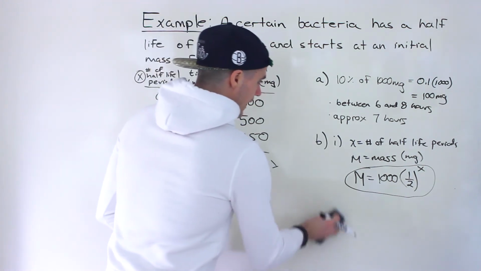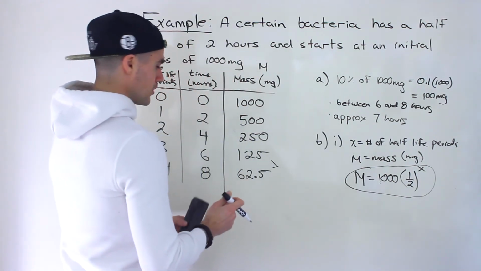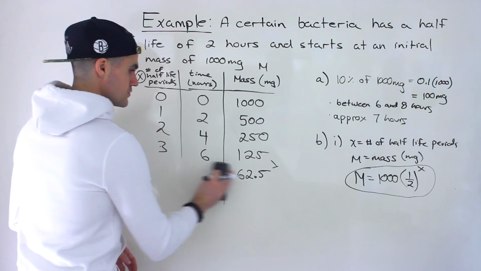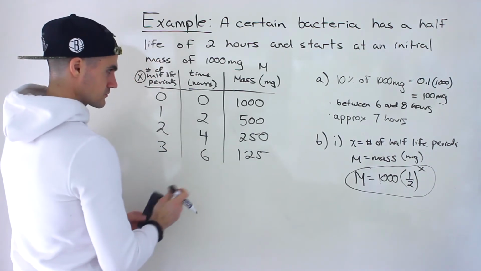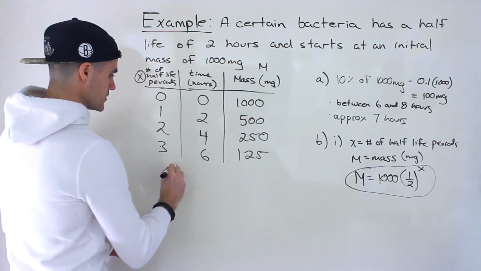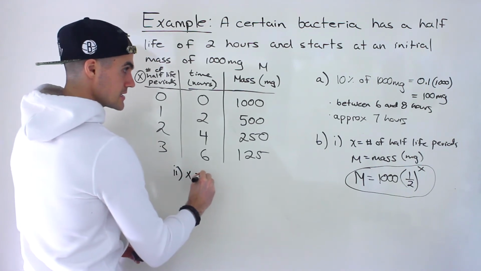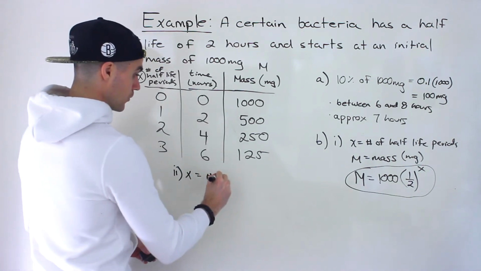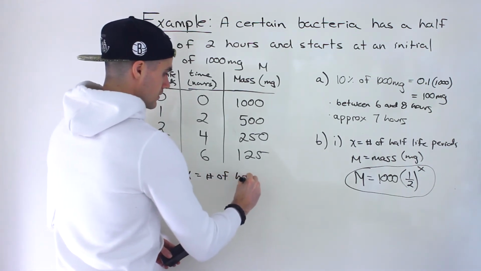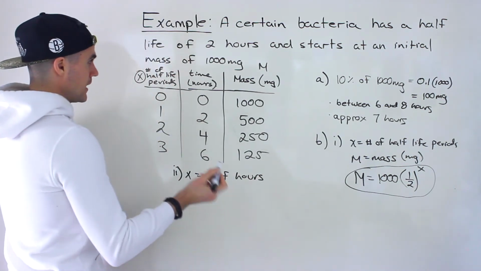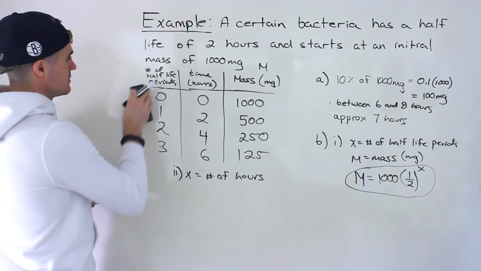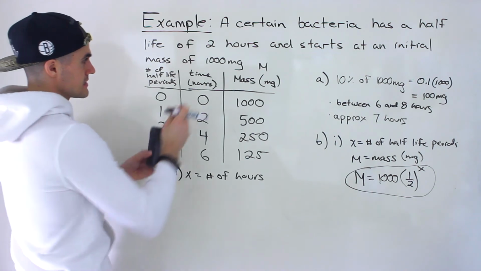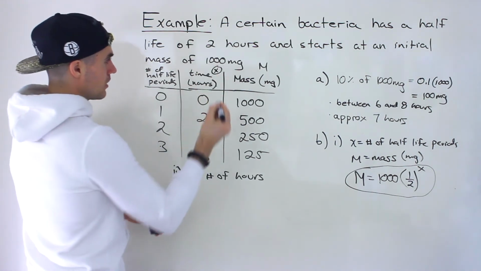Now, what if we let, in part 2, let's do part 2 down here. In part 2, we're going to let x equal the number of hours that have gone by. So instead of letting x be this column, x is now going to be this column.